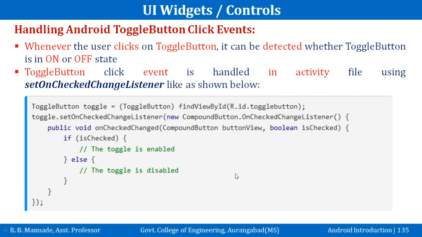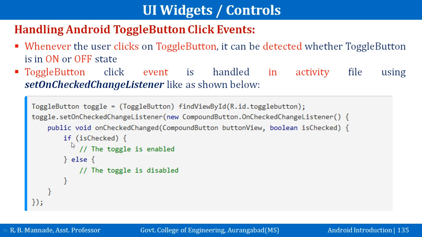So whenever the user clicks on the toggle button, this particular listener comes into the picture, and this listener calls the onCheckedChanged handler function, and whatever code we have written here will be executed.